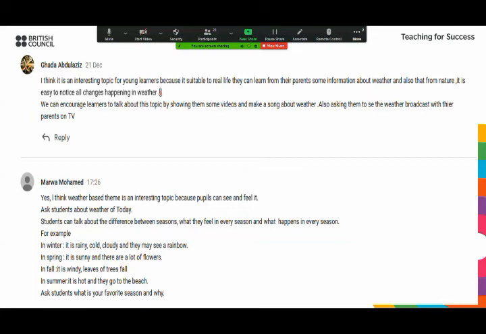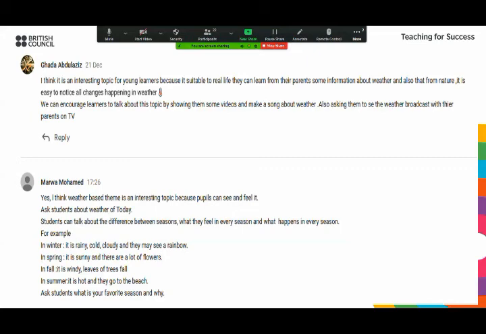Yes, I can read it. I think a weather-based theme is an important topic because pupils can see and feel it. Ask students about the weather of today. Students can talk about the difference between seasons, what they feel in every season, and what happens in every season.